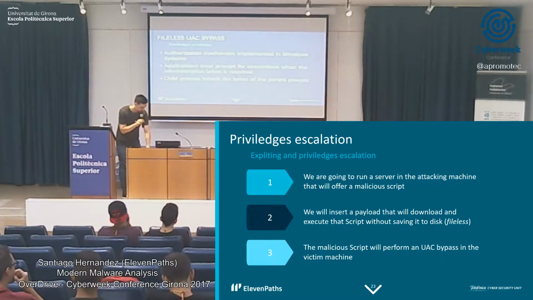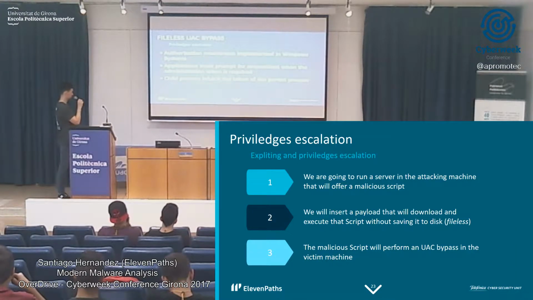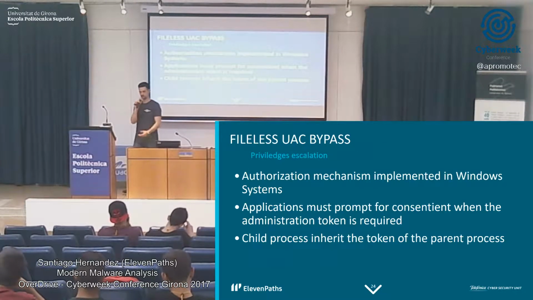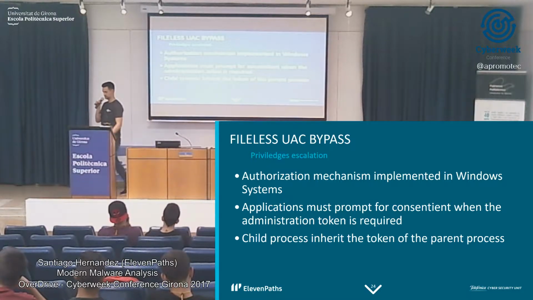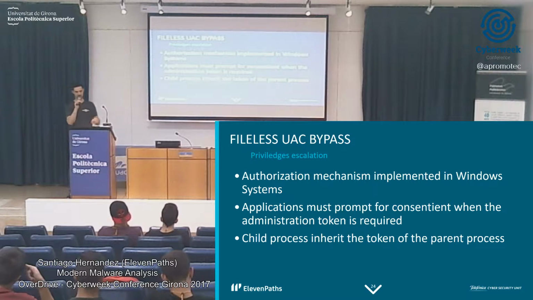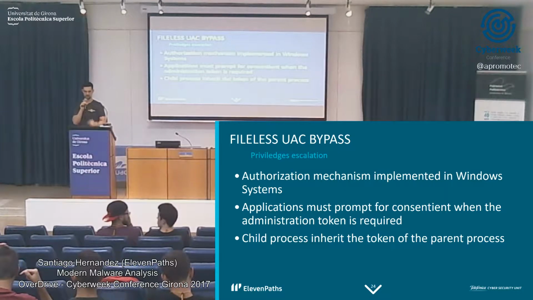So first of all, what is a fileless UAC bypass? UAC is an authorization mechanism that is implemented in all Windows, and all of you have seen it: it is the screen that appears when you execute something as administrator and prompts you for credentials or for an OK.